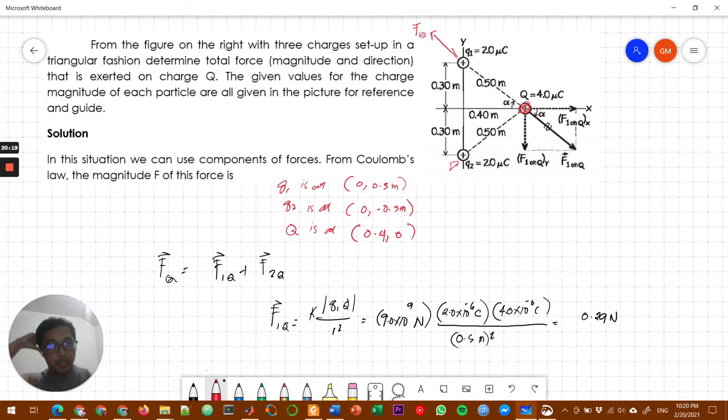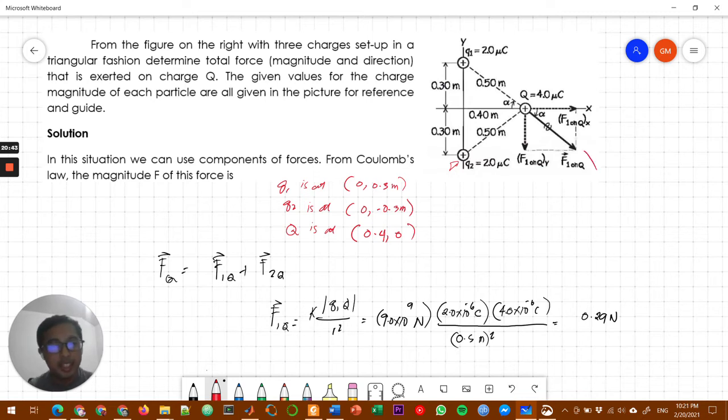But since it is diagonal, the force has components, the X and the Y component. Sorry, what we are actually finding is the force felt by Q because of the presence of Q1.